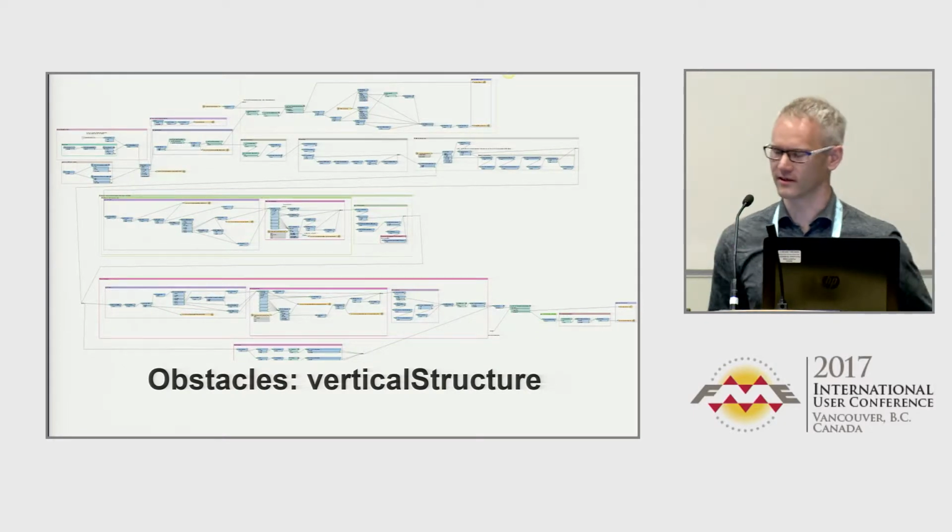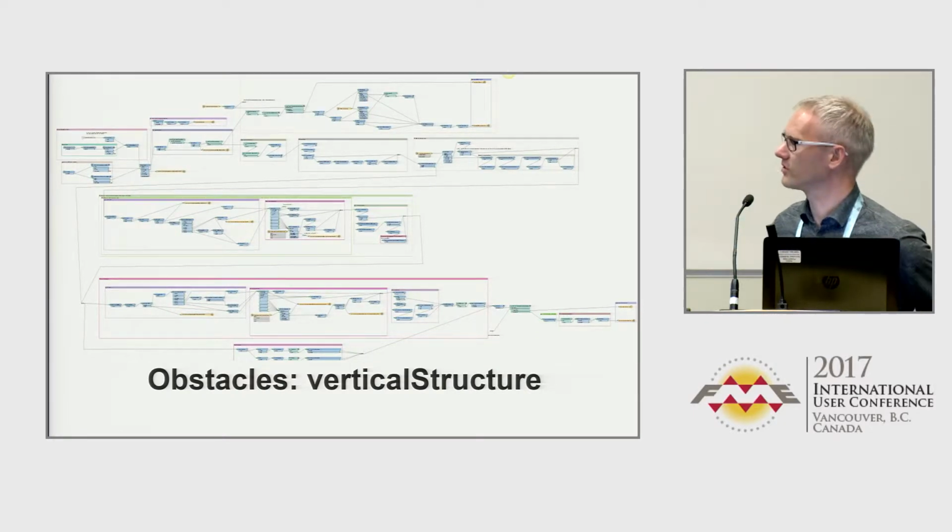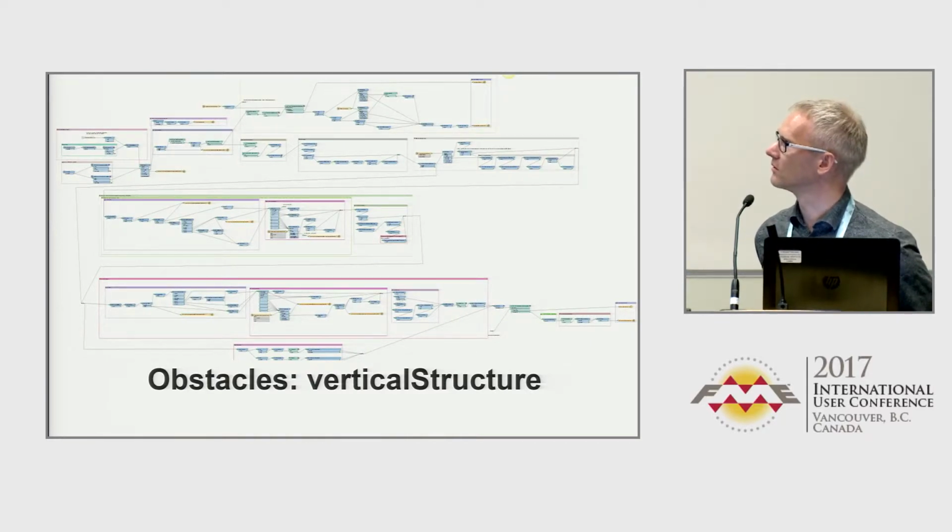So this is just one of the feature types, vertical structures. And one of the databases we're converting contains obstacles, which translates into a vertical structure. We have vertical structure points and vertical structure lines.